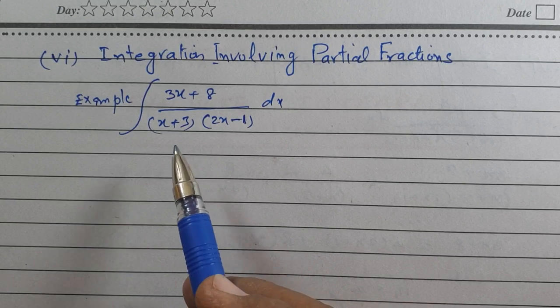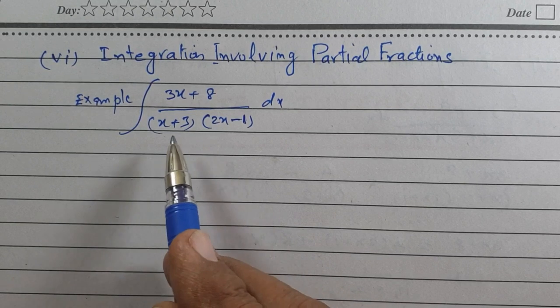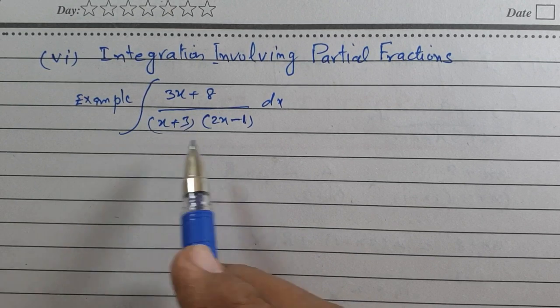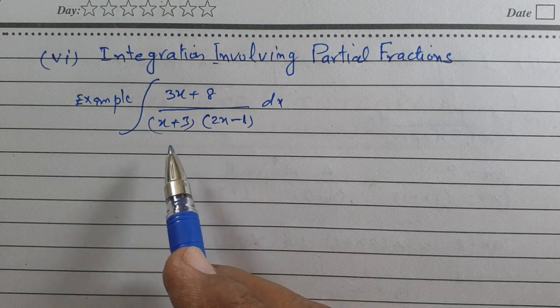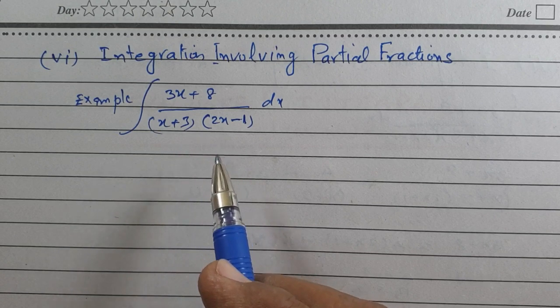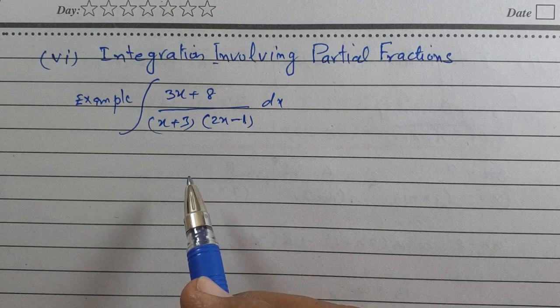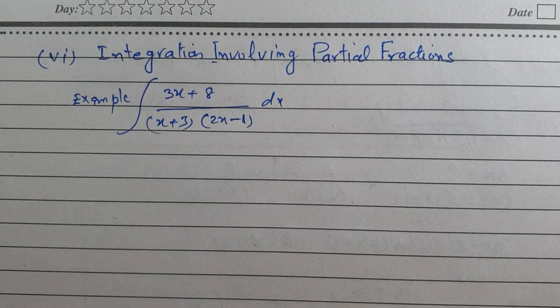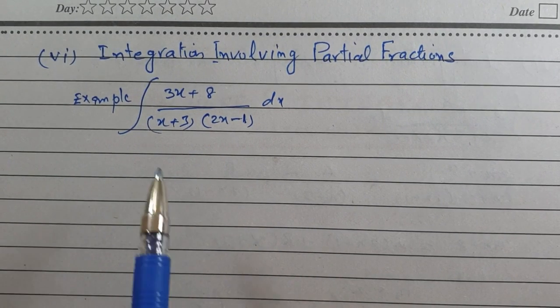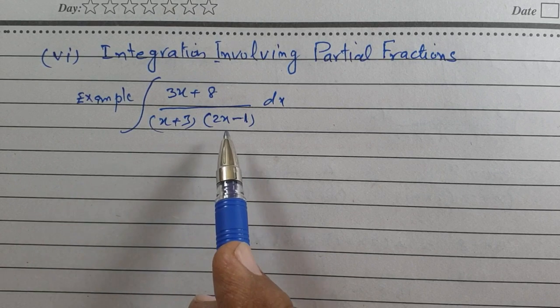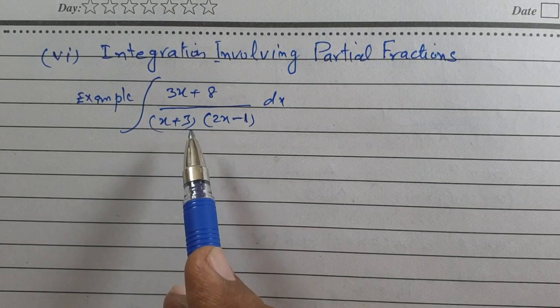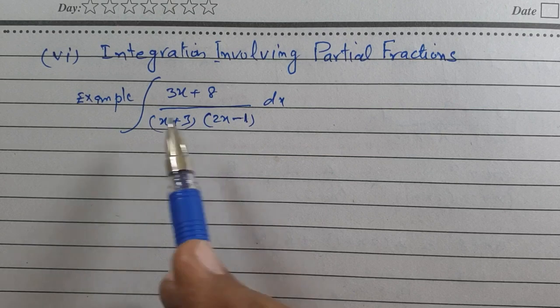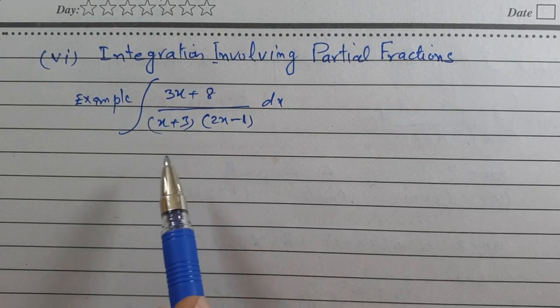When you see that there are some factors in the denominator, you think about partial fractions. Partial fractions are required only in those questions where factors are involved in the denominator. Otherwise, there will be no solution of such kind of question.